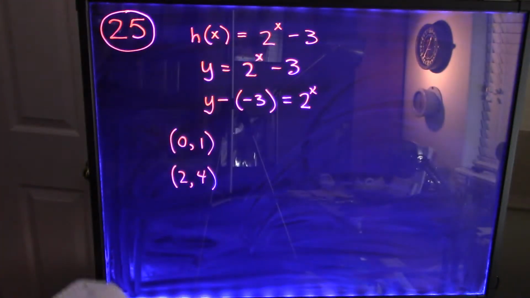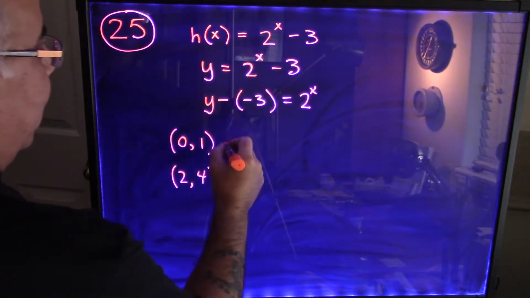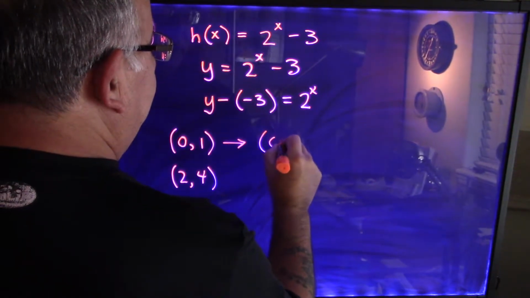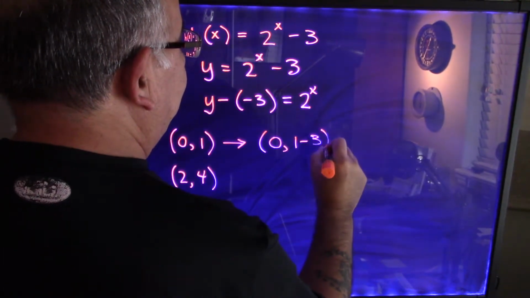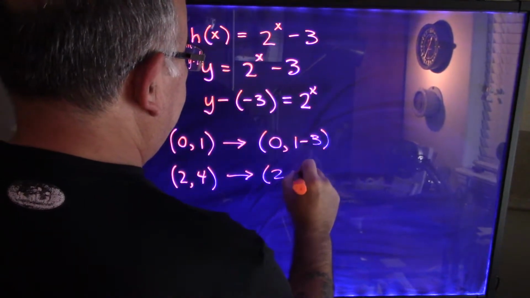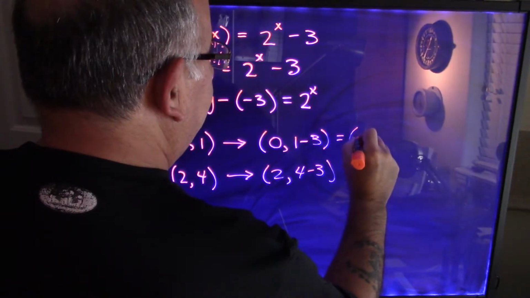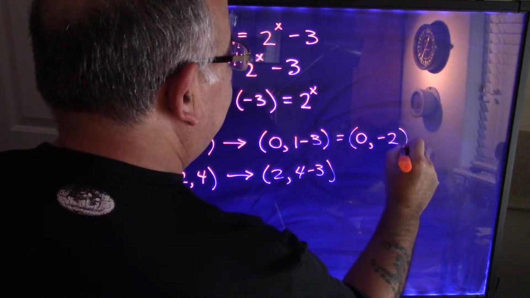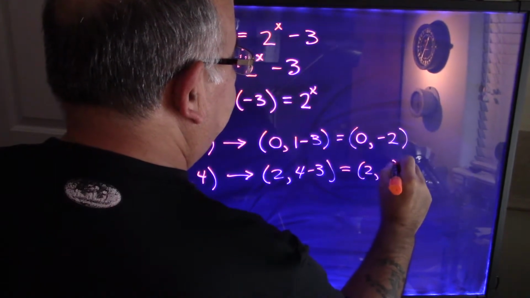So let's see what happens to these. You just add negative 3 to the y coordinates here and here. Alright? So that changes to 0 and 1 minus 3, or 1 plus negative 3. This changes to 2, 4 minus 3, or we've got 0, negative 2, and we have 2, 1.